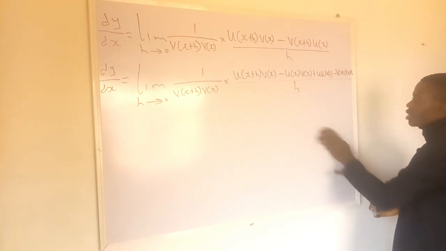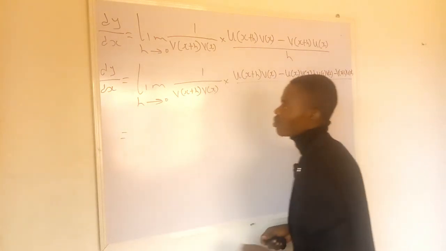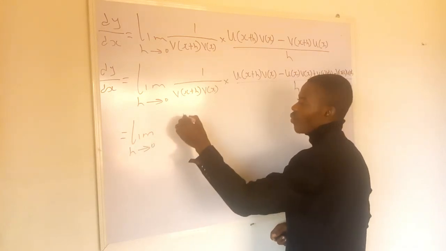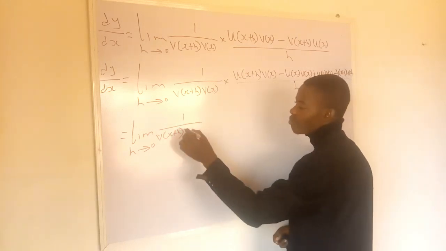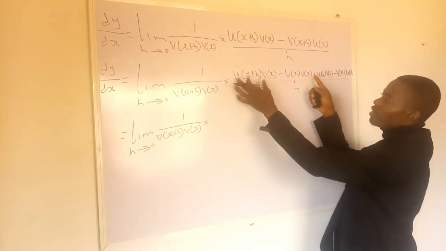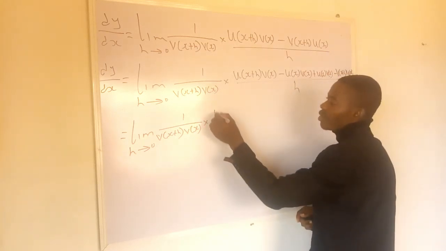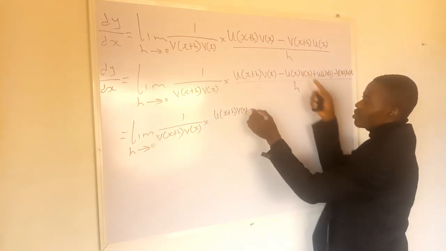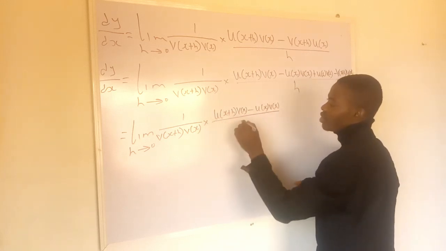I think I just need to reduce the writing a little bit so that you can clearly see the image. Now this will be equal to the limit as h approaches 0 of 1 divided by v of x plus h times v of x, then multiplied by, now let's combine this term and separate the h along with it. Then repeat the same thing for this term. So we have u of x plus h, v of x, then minus this minus u of x, v of x, then divided by h.